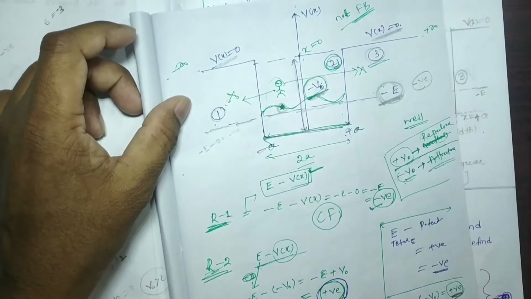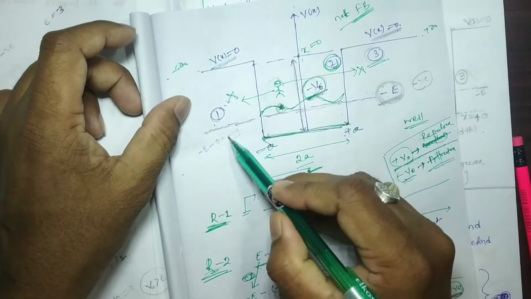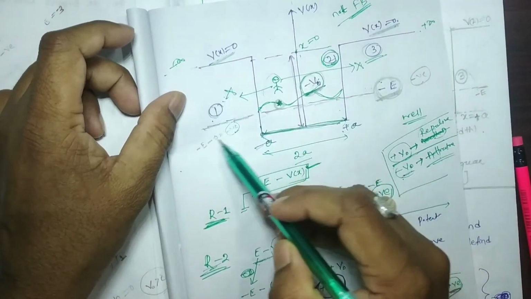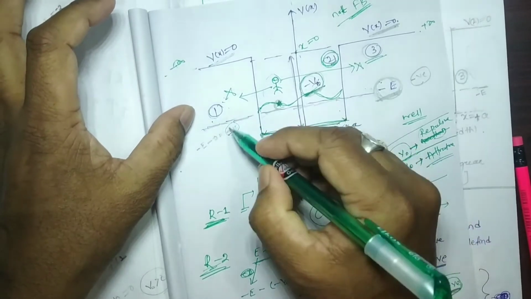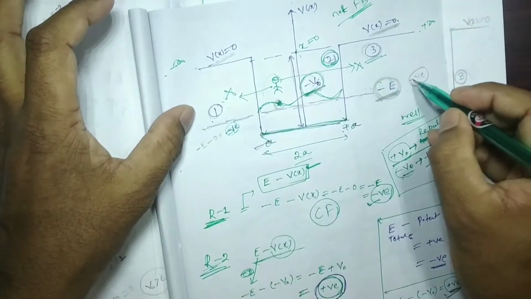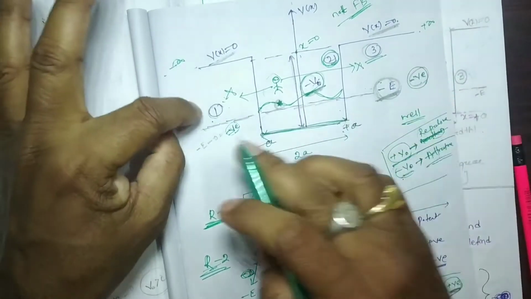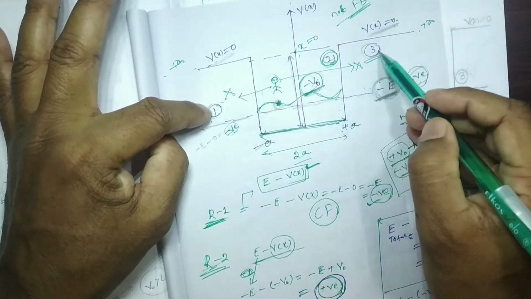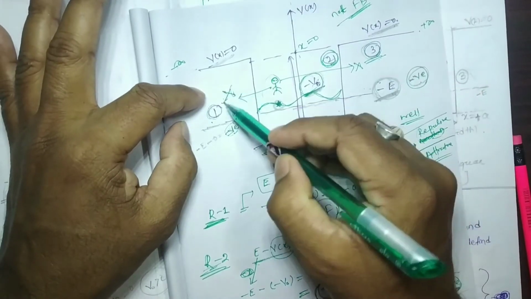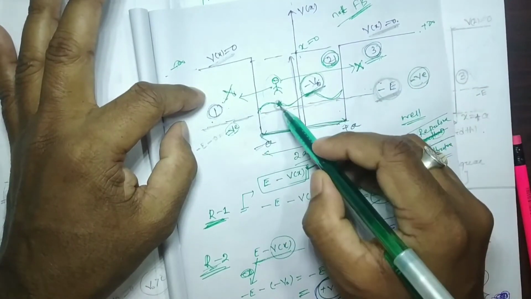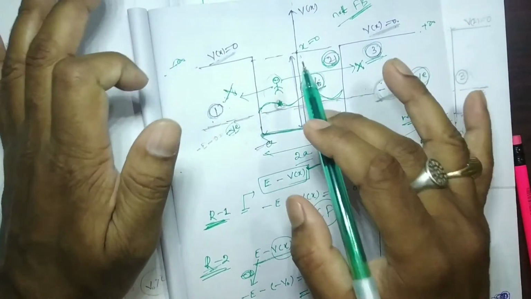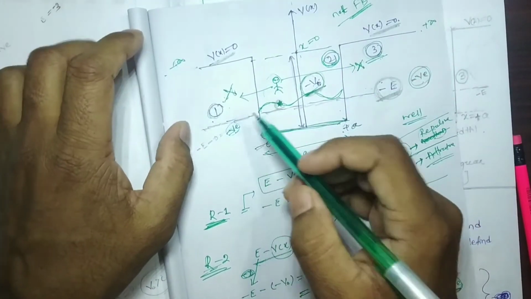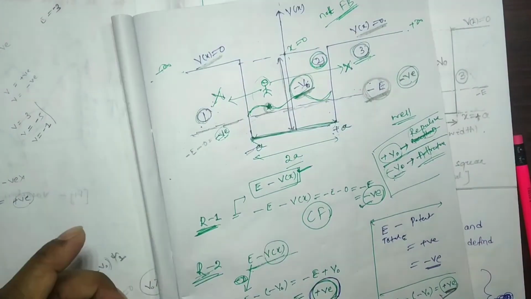So as we got, the total energy minus the potential of this region is negative in the first region and the third region, so the first region and third region are forbidden regions for this particle. That means there is no dynamics, no motion in these two regions, 1 and 3.